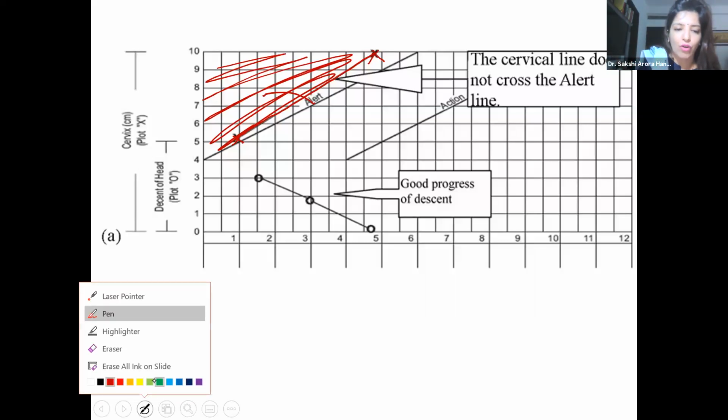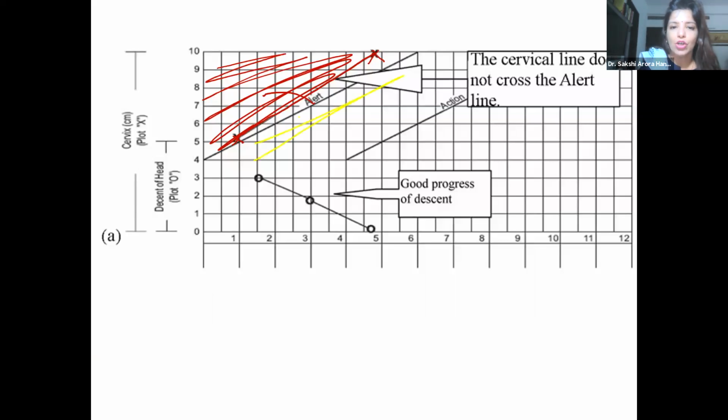If the progress of your patient is lying to the right of alert line, that means in between alert line and action line, that means now you should be alerted. Something abnormal is happening. And if you are sitting at a primary center, this is the time you have to refer your patient to a higher center.